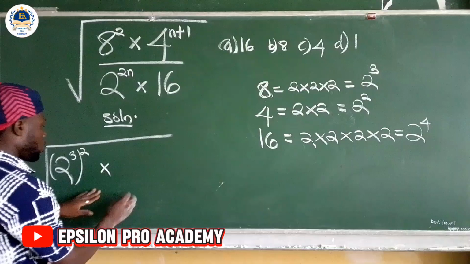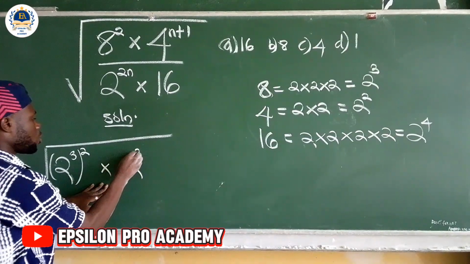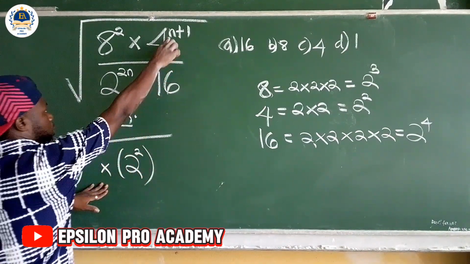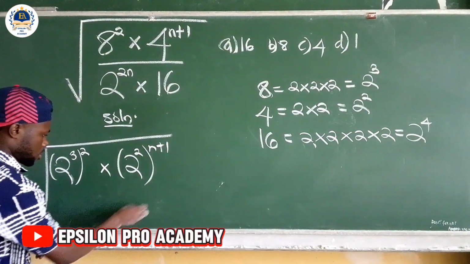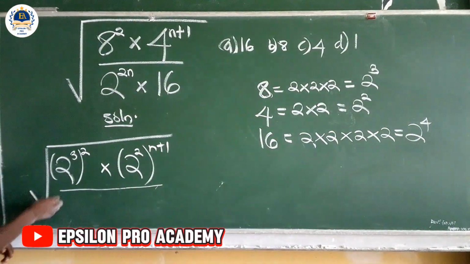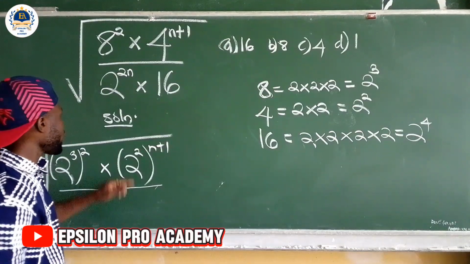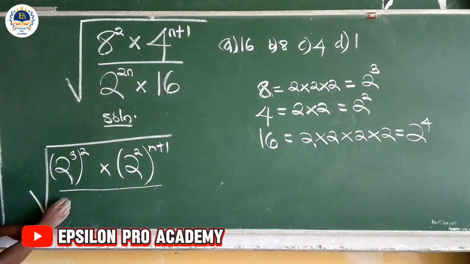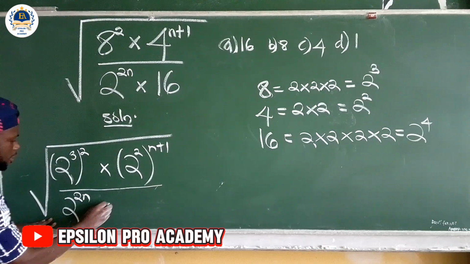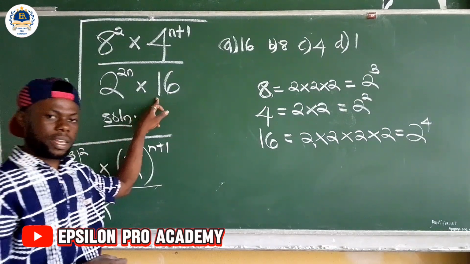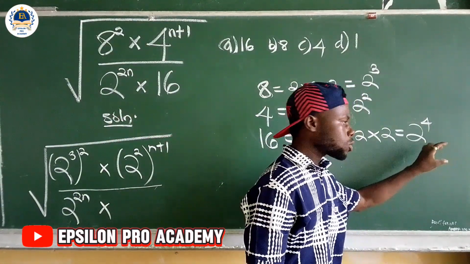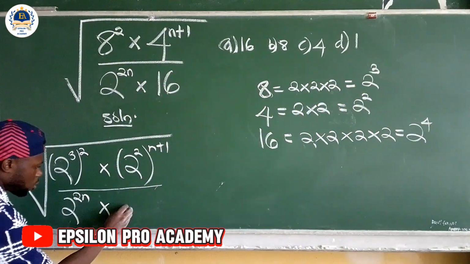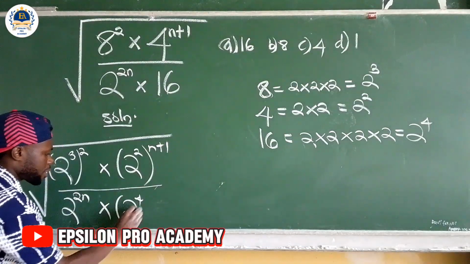So in the place of 4, I'll put 2 raised to the power of 2 in bracket raised to the power of n plus 1. In the denominator, we have 2 raised to the power of 2n times 16. 16 is the same as 2 raised to the power of 4. So let's substitute 2 raised to the power of 4 in bracket.